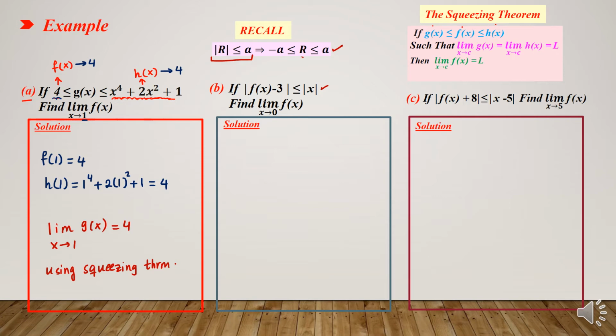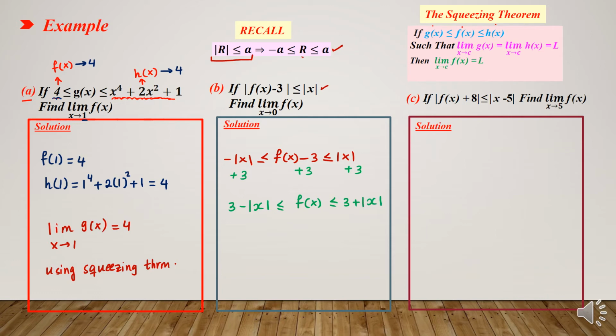absolute value, you will get that f of x minus 3 is between negative absolute value of x and absolute value of x. Then if we add 3 to all sides, you will get 3 minus absolute value of x less than or equal to f of x less than or equal to 3 plus absolute value of x.